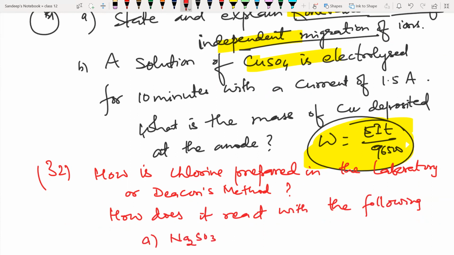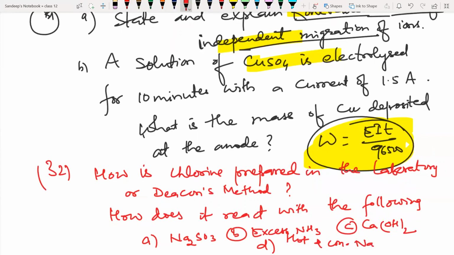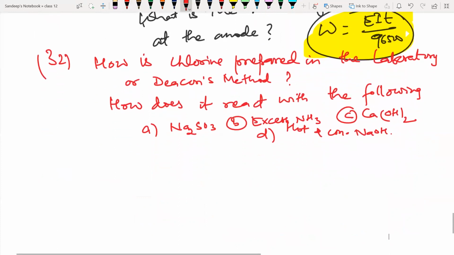Sodium sulfite, excess ammonia, calcium hydroxide, it will form bleaching powder, hot and conc. NaOH. So in cold and dilute, it will form sodium chloride and sodium hypochlorite. In hot and concentrated, it will form sodium chloride and sodium chlorate along with water. So this you have to keep in mind.